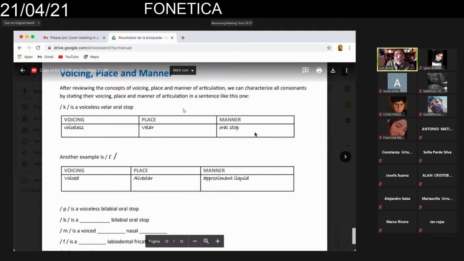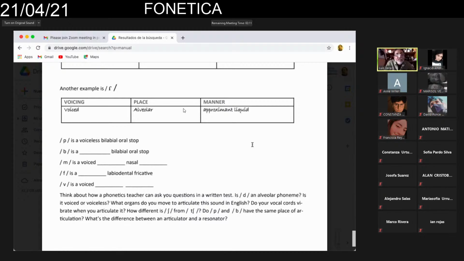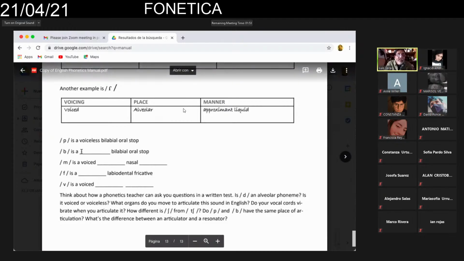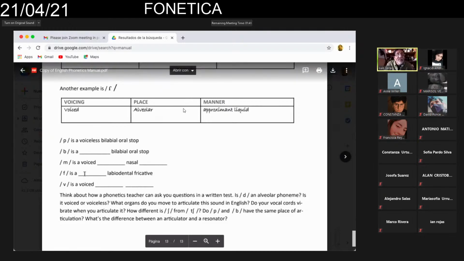And then you have some examples here. For example, p is a voiceless bilabial oral stop. But what would you say about this? B. B is a voiced bilabial oral stop, exactly. And that will be the difference between this one and this one. And m is a voiced bilabial nasal stop. Very good.